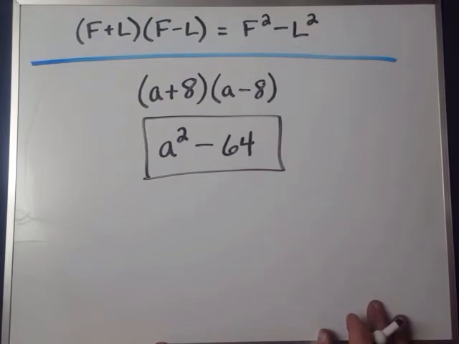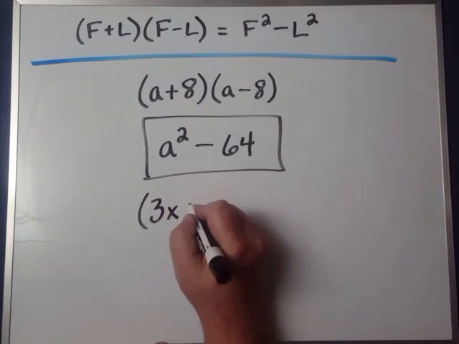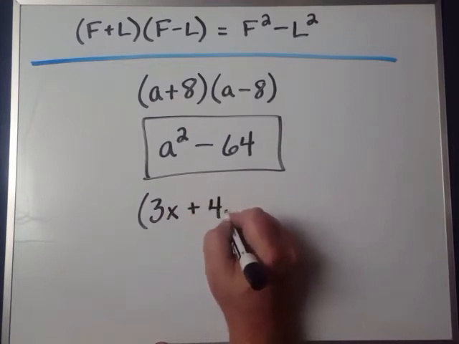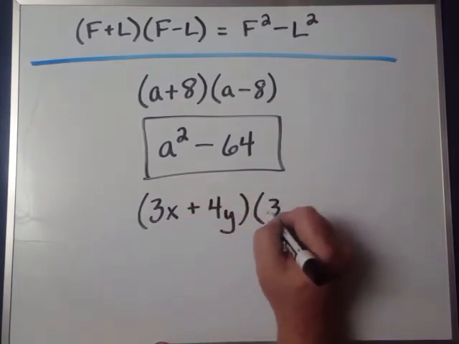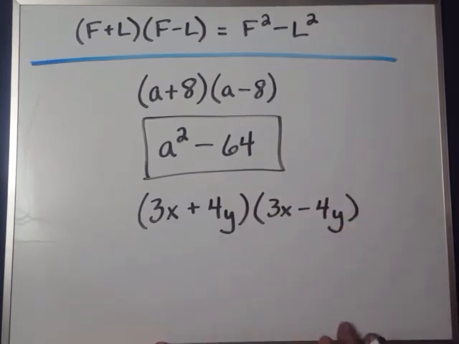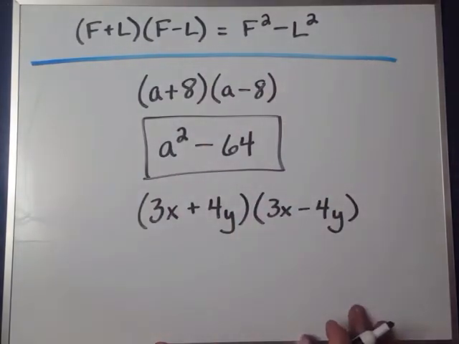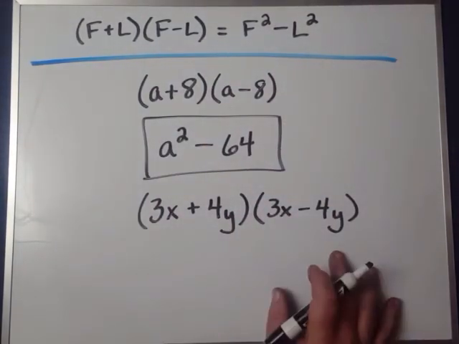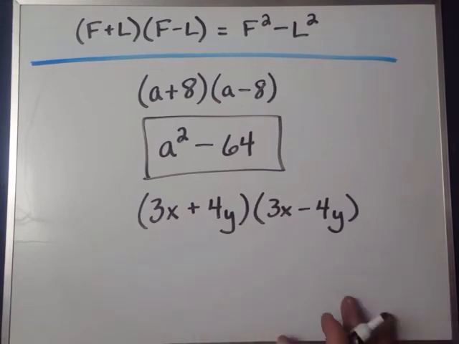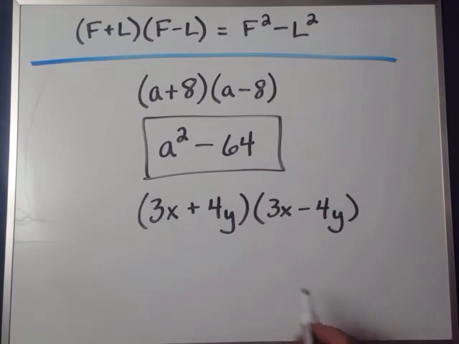Let's do another one. Number 34. Here in number 34, once again, I have the product of a sum and difference of the same two terms, and so I can use my special product rule instead of foiling this out. If I foil it out, I know that's going to work, but we're practicing these special products.